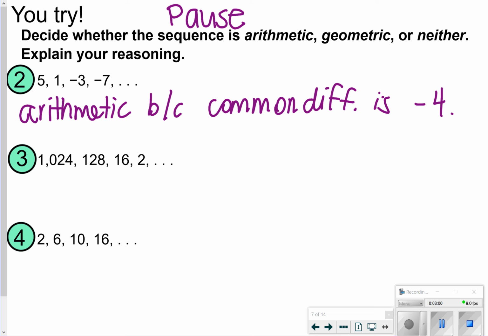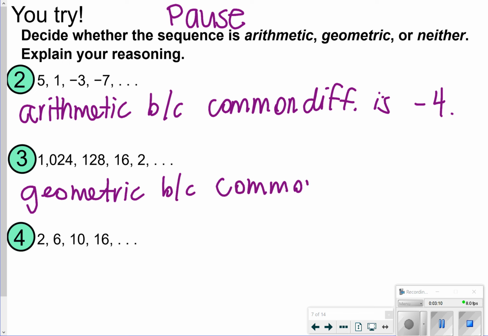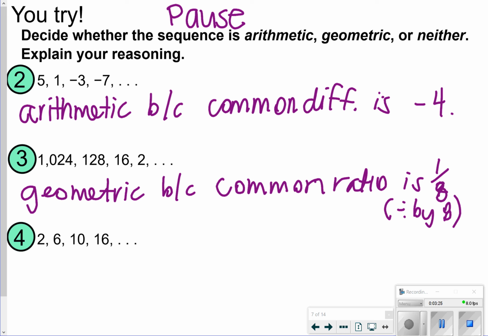For number 3, this one is going to be geometric, because the common ratio is 1/8. Or some of you might have said divide by 8, and that would be the same thing as multiplying by 1/8.